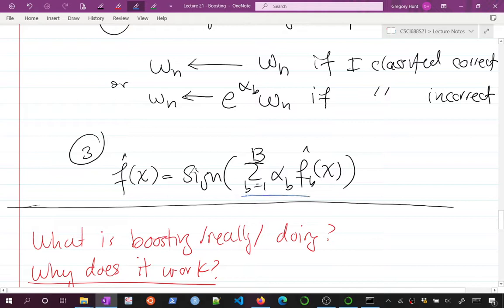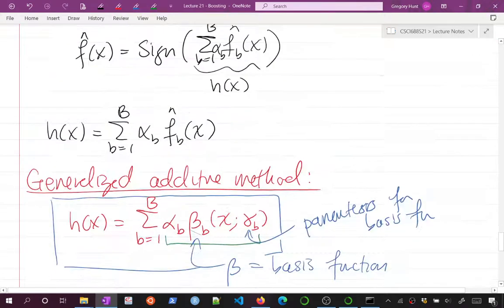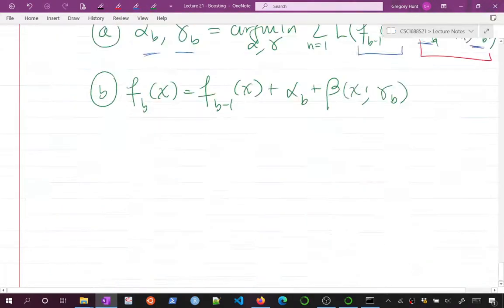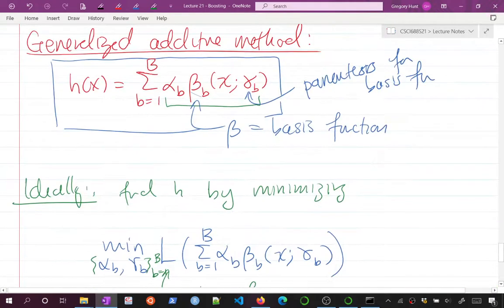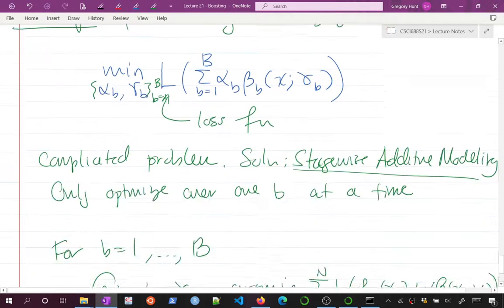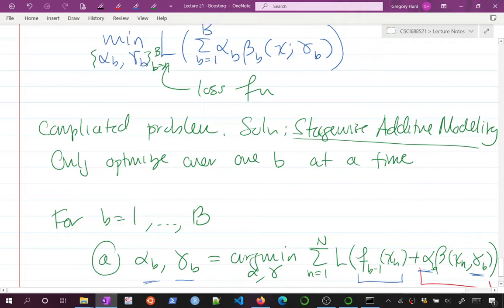So it's building up this sum one at a time, based on the answer to the previous one. That's what we call stagewise additive modeling, where we build up some additive function, some beta basis, one at a time, optimizing only locally at each step.